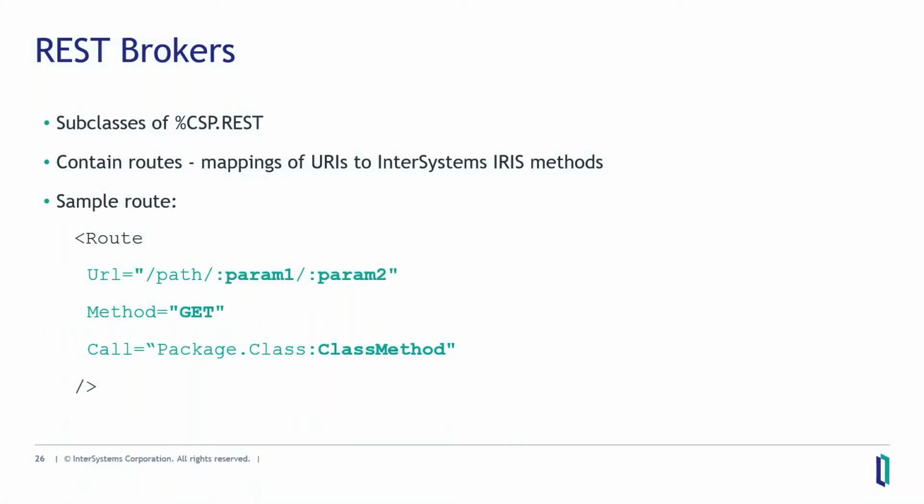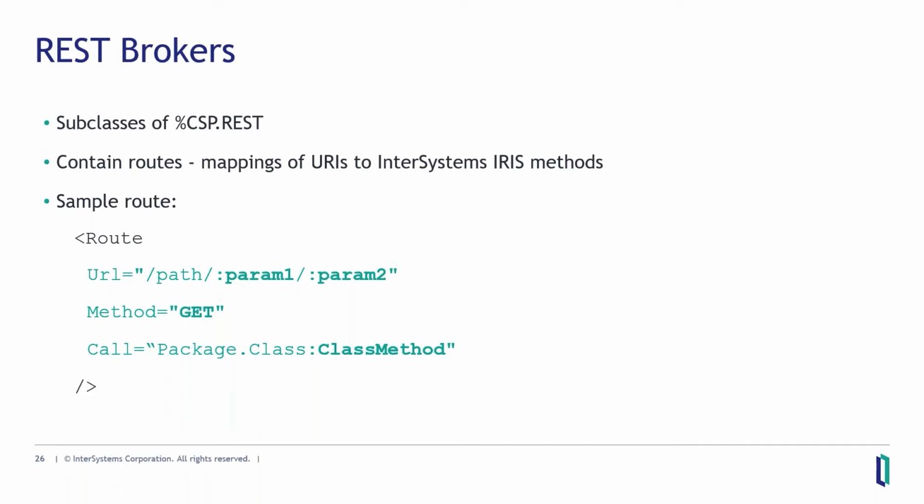So next part, let's talk about development and all the tools which we can use. First of all, just as a simple reminder, the basis of REST APIs in InterSystems IRIS are REST brokers, which are subclasses of CSP REST, and they contain routes which map URLs to InterSystems IRIS methods.